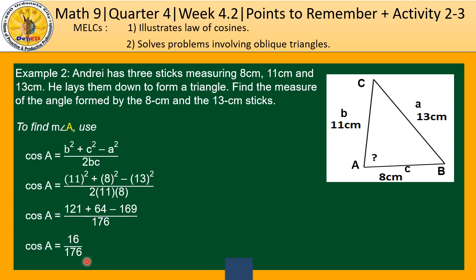Then copy 176 as our denominator. Again, this is not yet the value of angle A. We are going to get the cosine inverse of this value. So the cosine inverse of 16 divided by 176 is equal to 84.78 degrees. Again, in my final answer, I just get 2 decimal places.